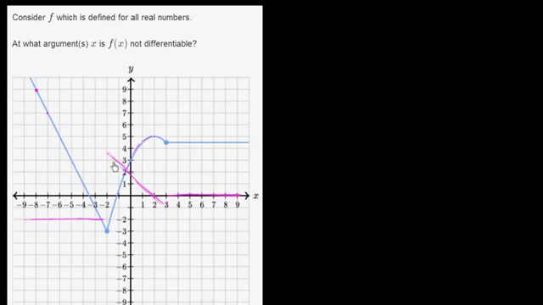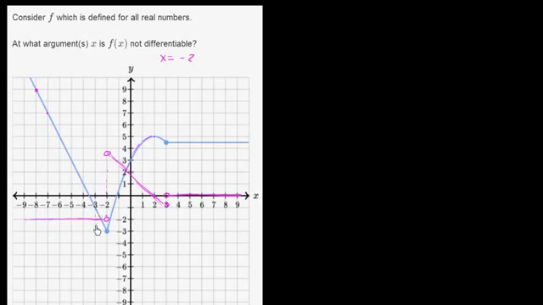So we immediately see there are points where it looks like the slope jumps. And at these points, we really don't have a defined derivative. So at what arguments is f not differentiable? Well, it's not differentiable when x is equal to -2. When x is equal to -2, we really don't have a slope there.